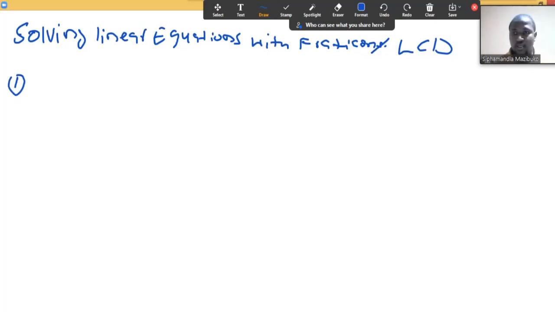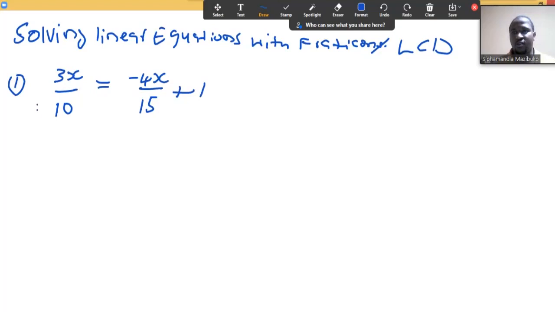We're looking at solving for 3x all over 10 is equal to minus 4x all over 15 plus 1. In this case, you see we have two fractions in this equation.